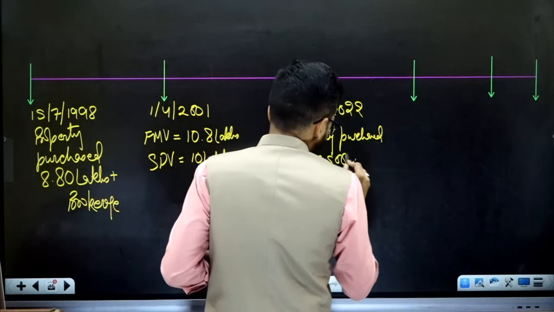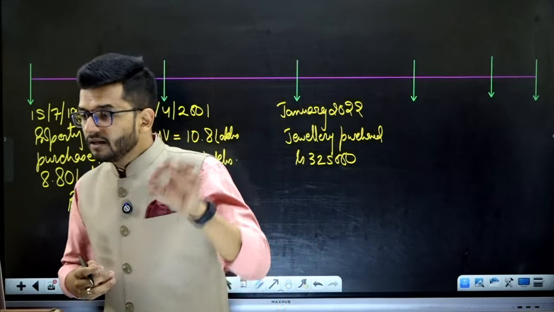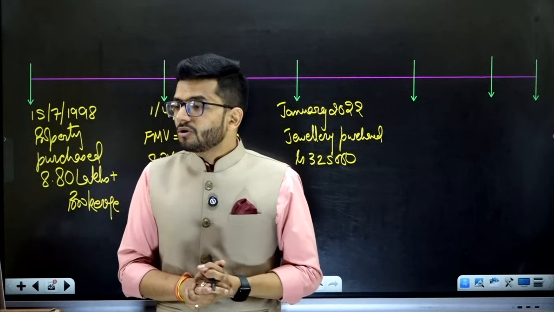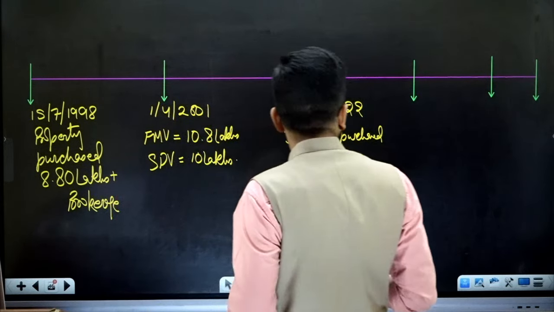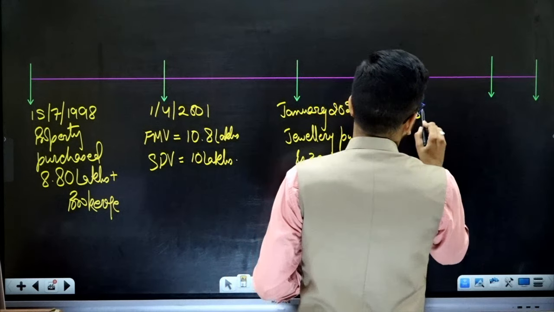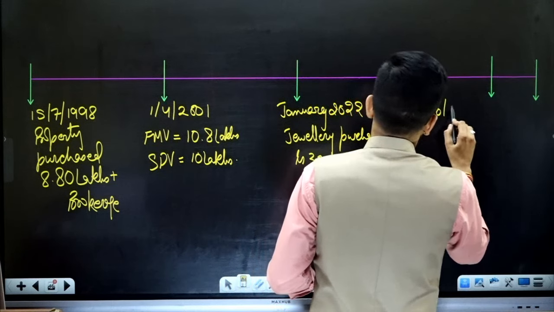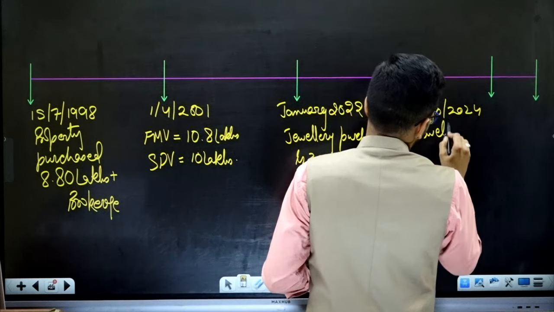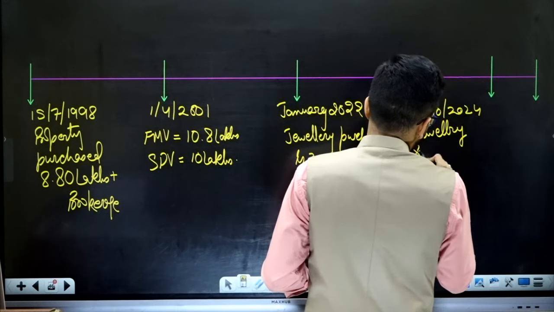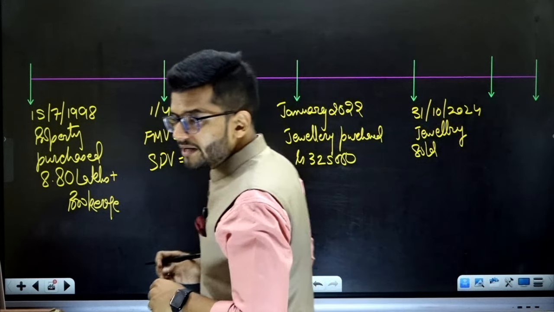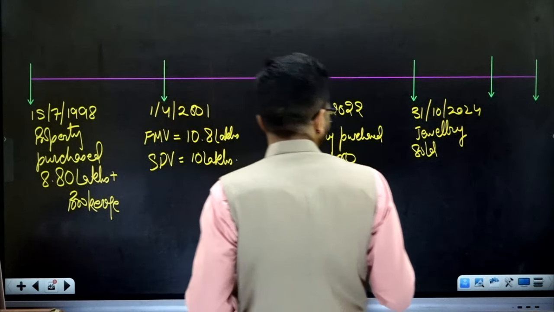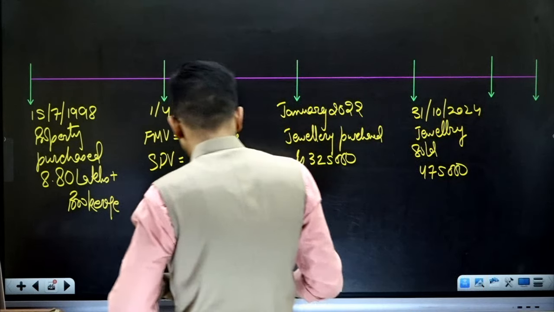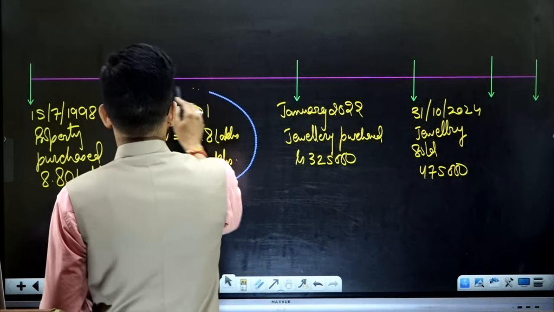Then jewelry has been sold on 31st October 2024. Jewelry has been sold for 4,75,000.